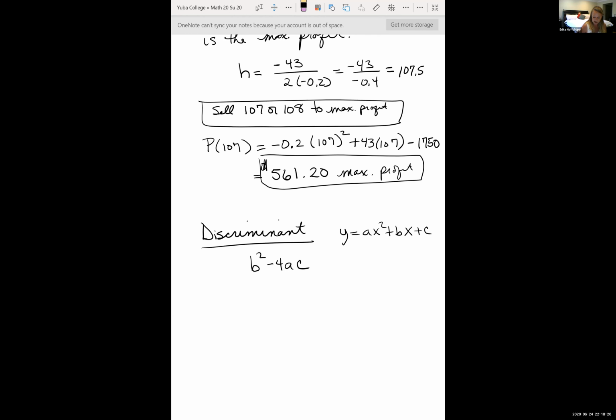The discriminant tells you how many solutions and what type. So the discriminant is b squared minus 4ac. This tells us the number of solutions and what type.